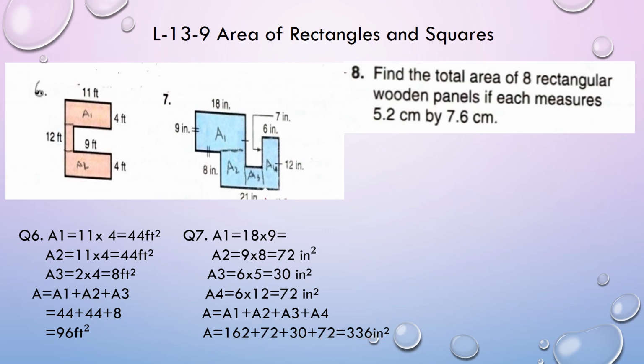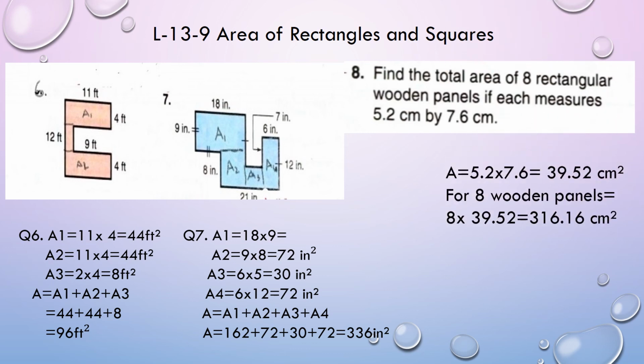Is it clear? Then in this one, this is a problem solving question, only just one question. Find the total area of 8 rectangular wooden panels if each measures 5.2 centimeter by 7.6 centimeter. What is the area of this panel? 5.2 into 7.6 is 39.52.